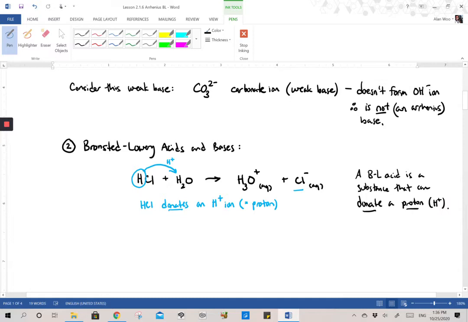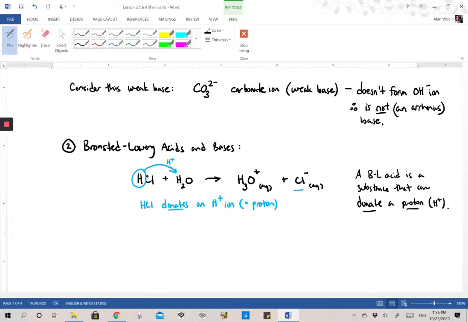So in terms of bases, this is helpful for us because it's not about whether or not you form OH- ions, but if we're looking at the perspective of a proton, every Bronsted-Lowry base does the opposite of what the acid can do. So if the acid can donate, a base would accept.